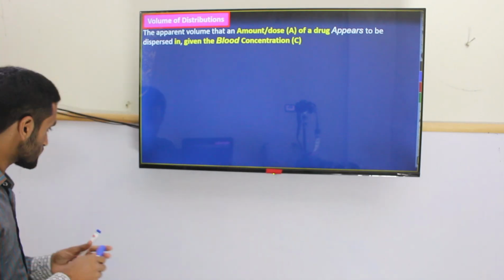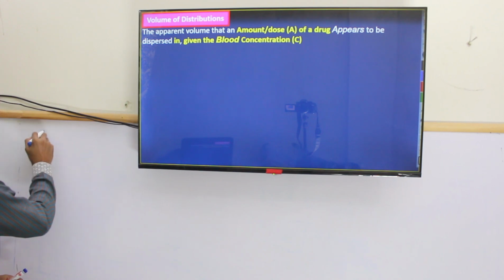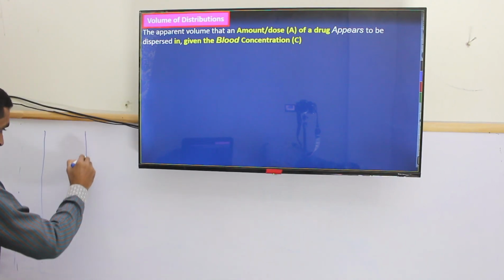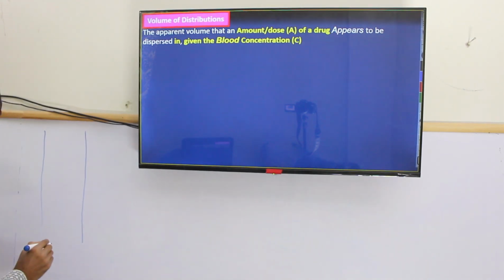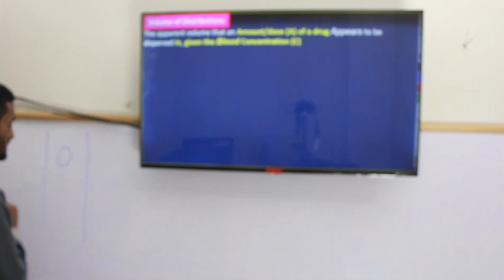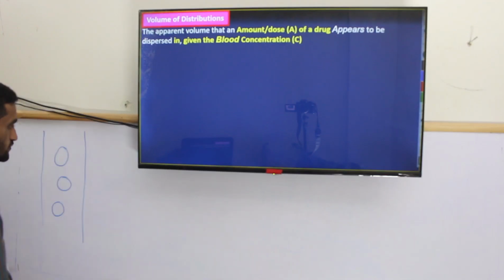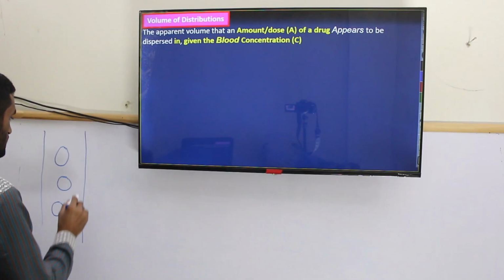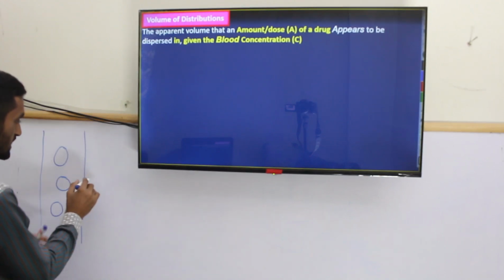Let's suppose here is your blood vessel. These are, for example, different blood cells moving in it. Now, outside this blood vessel, what is present?